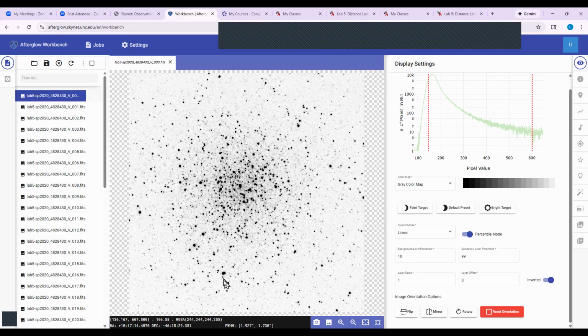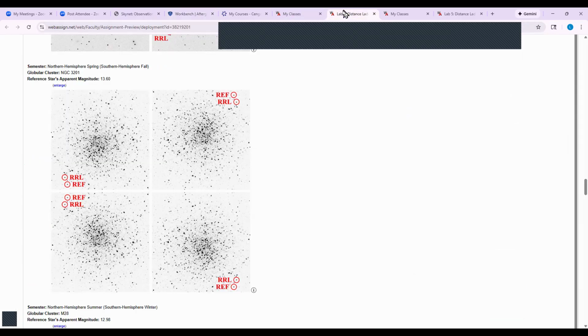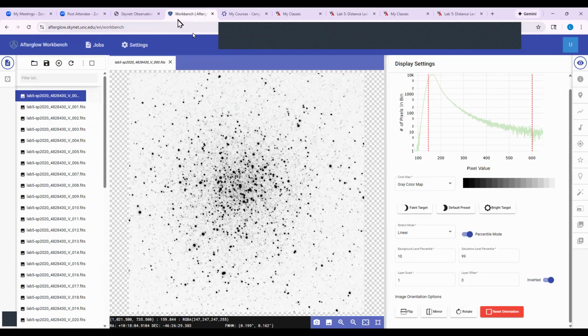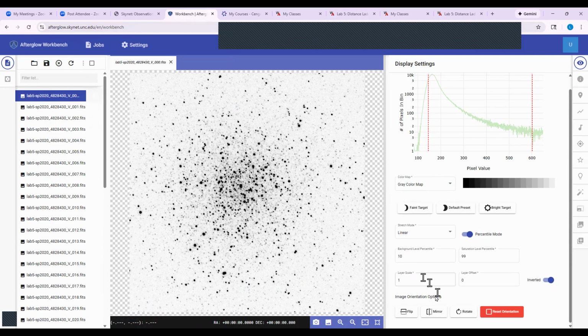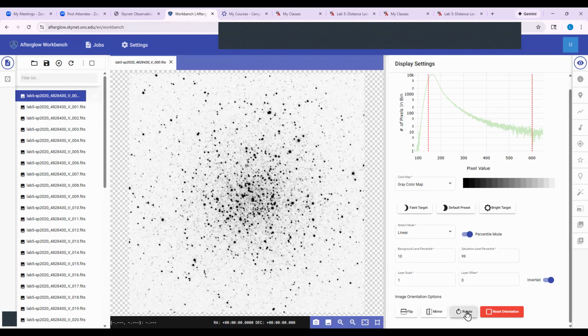And here it is facing down. Let me see which one is the match with this one. I'd say it's the upper left from where I'm looking. Upper left. Yeah, this is the one facing this way, this triangle. Let me do it that way to see if it works. Okay.